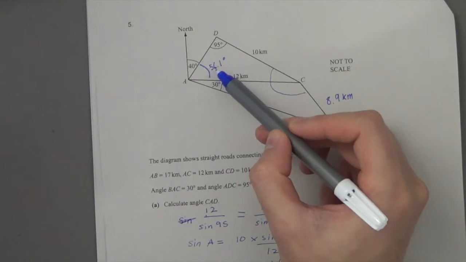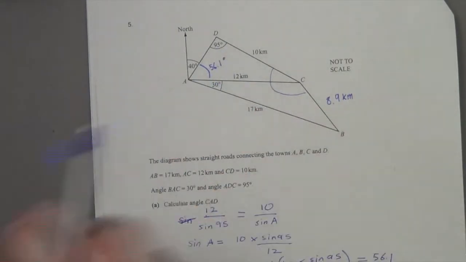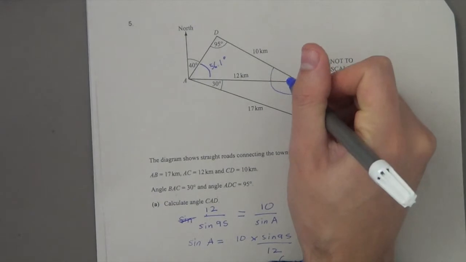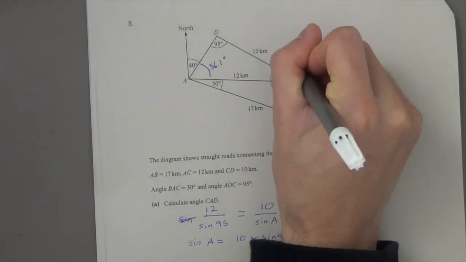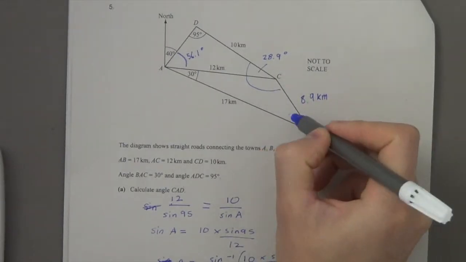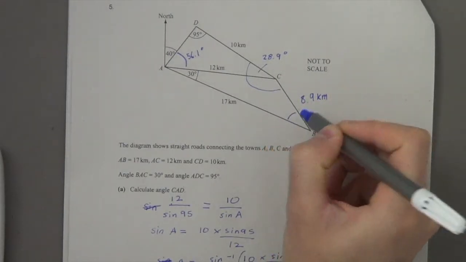We can work out this angle by adding 56.1 plus 95 and then minusing 180 from that, which gives me C as 28.9 degrees. I'm now going to use the sine rule to work out this angle here first.